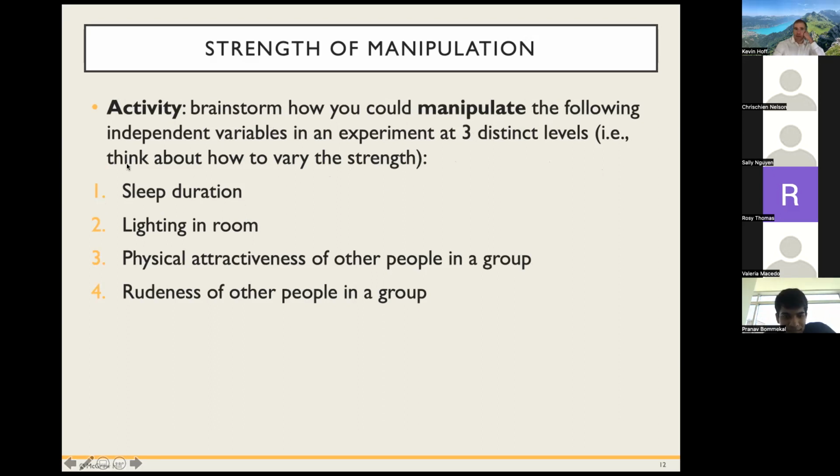Let's say I'm designing a study where I care about the effects of sleep duration, the independent variable, on test performance. If I was going to manipulate sleep duration, and I wanted to have 3 groups, each with a distinct level of sleep duration, how would I go about doing that, do you think?